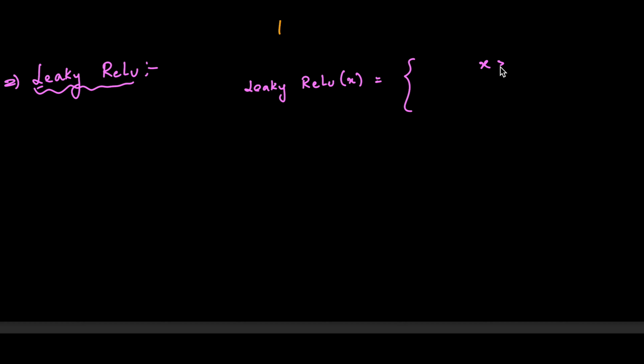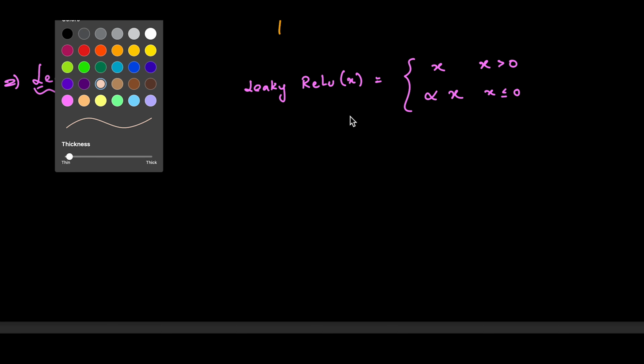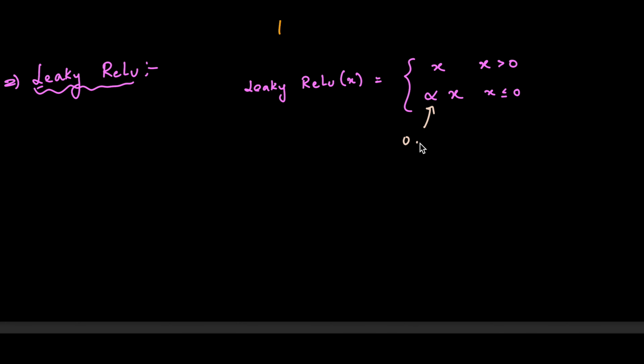That is, whenever x is greater than 0, we'll leave it as it is. But whenever x is less than or equal to 0, instead of making it completely 0, we'll multiply with some alpha. And this alpha will be ranging in between 0 to 1. Okay, and this is also a hyperparameter that we can decide. So let's say the alpha is 0.0001. So this can be one possible alpha value.